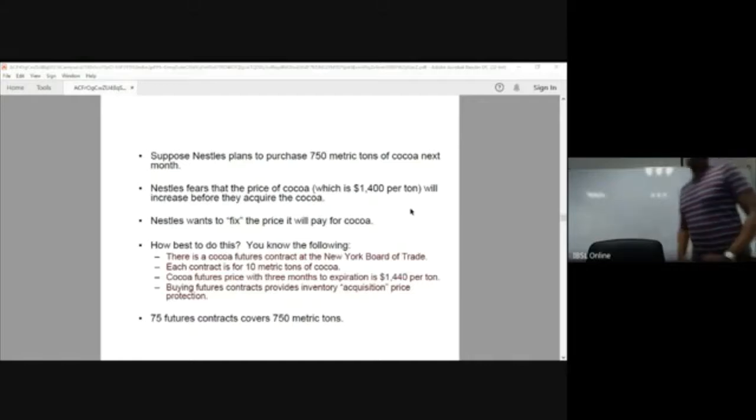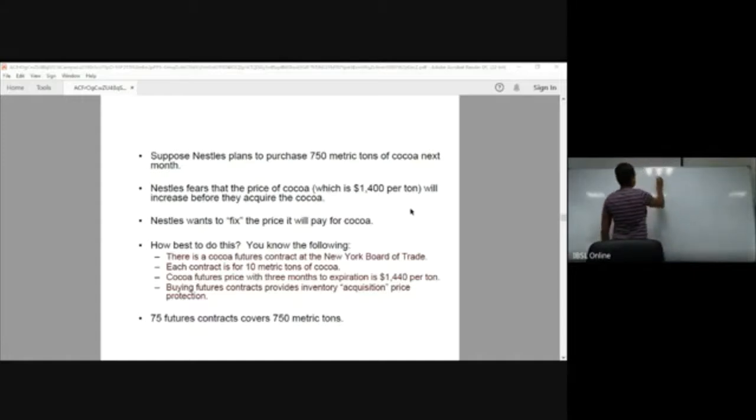750 metric tons at $1,400. Now the risk is the price going up.